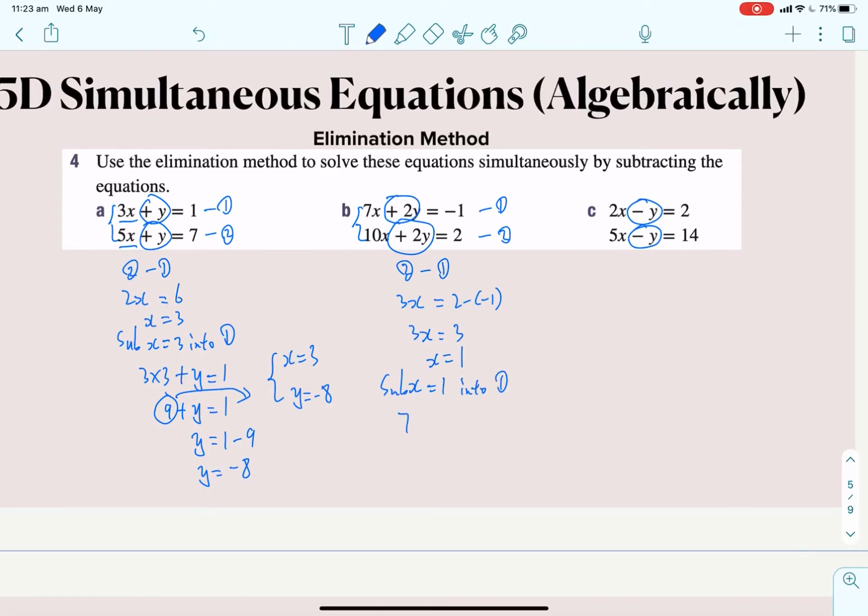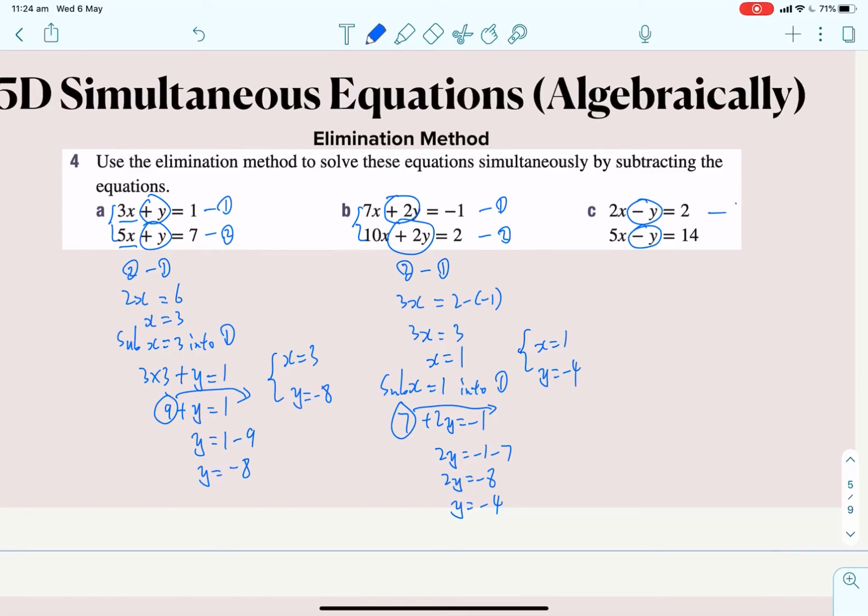So 7 times 1 is 7, plus 2y equals negative 1. Move it to the other side, you got 2y equals negative 1 minus 7. 2y equals negative 8. y equals negative 4. Okay, negative 8 divided by 2 is negative 4, yeah? So solution is x equals 1, y equals negative 4.